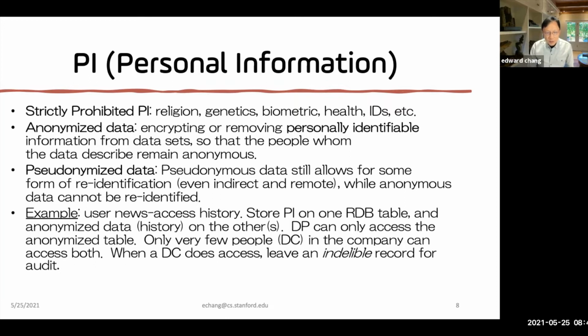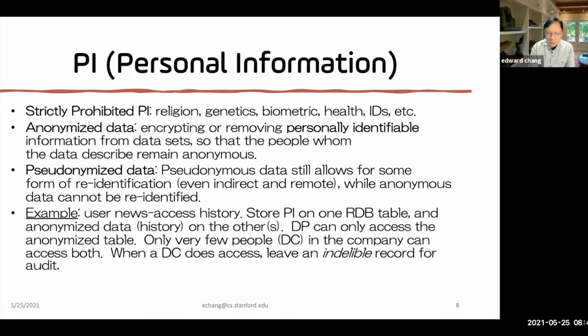Okay, so you reduce the number of people who can touch PI information, and even let's say the data controller can access PI information, and all the accesses must be logged in an indelible record for future audit. So here, one important point that sticks out is the indelible record for audit.